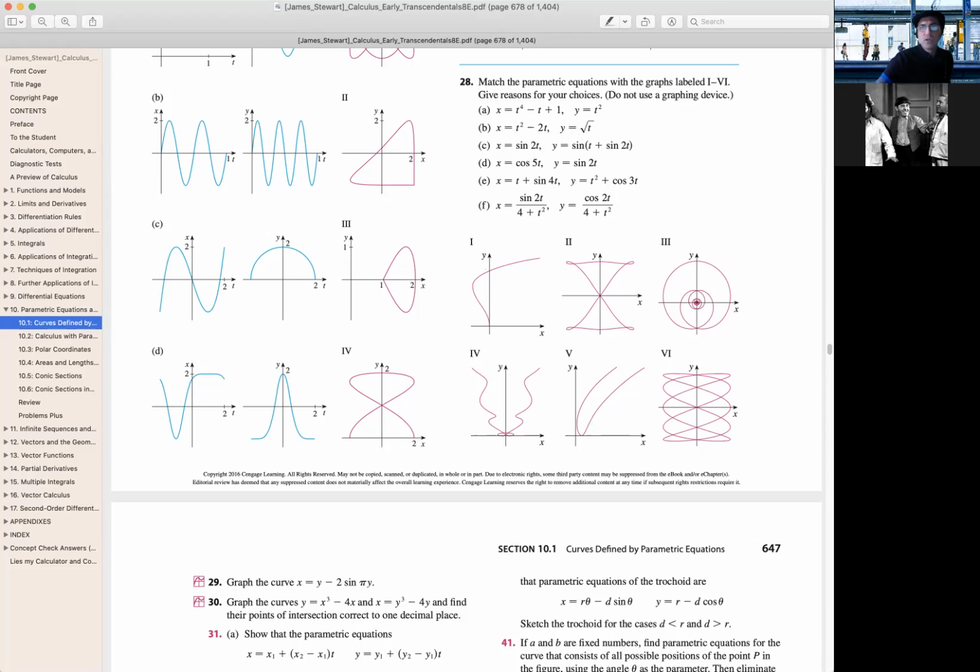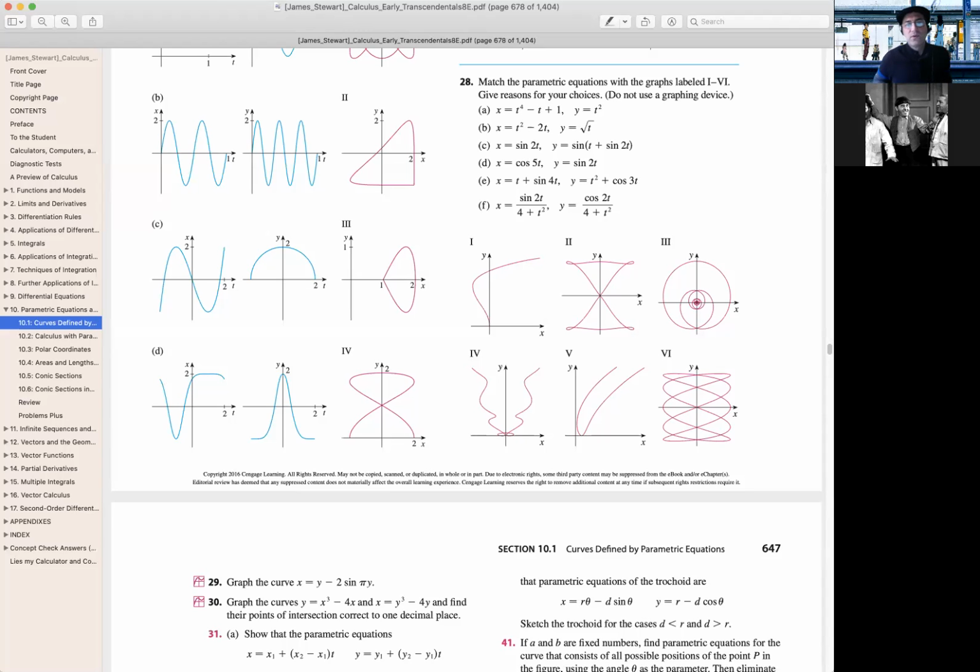So picture 1 should correspond to equation B. Now, by process of elimination, the only thing that's left over that's unbounded would be equation A, where x and y can get as large as you want it to. And the only graph that's unbounded is picture 5. So A and 5 have to be matched up. So that's A and 5.